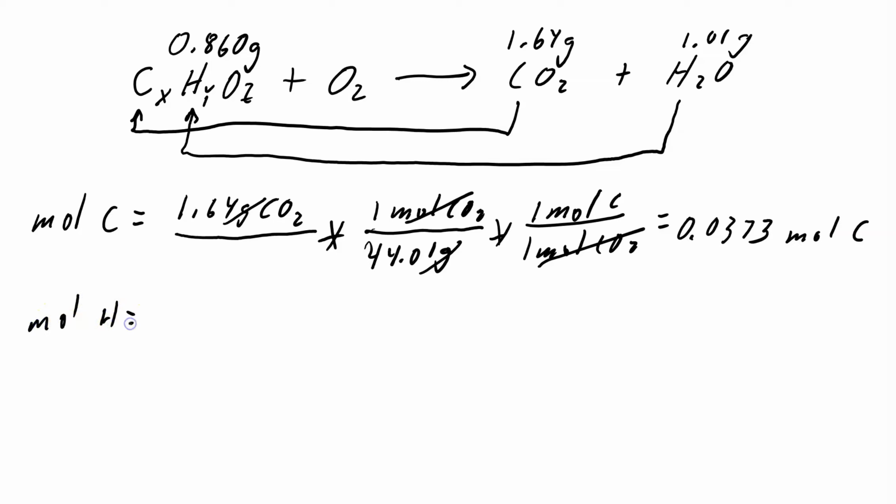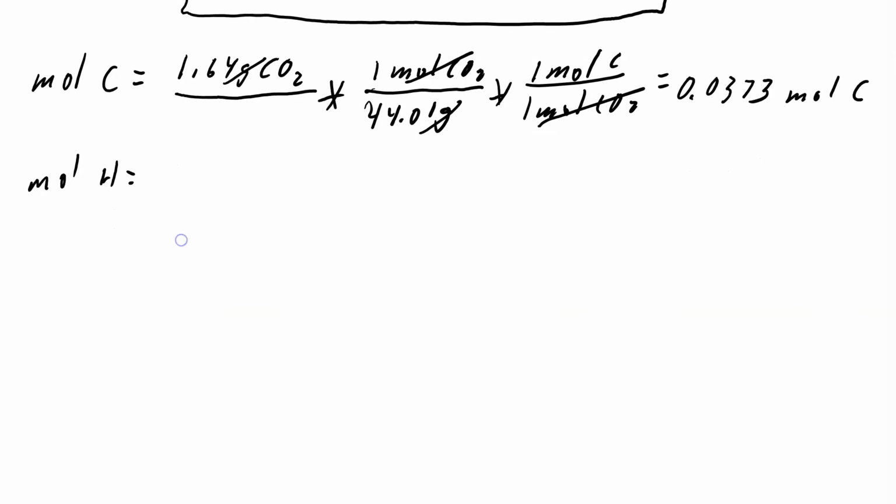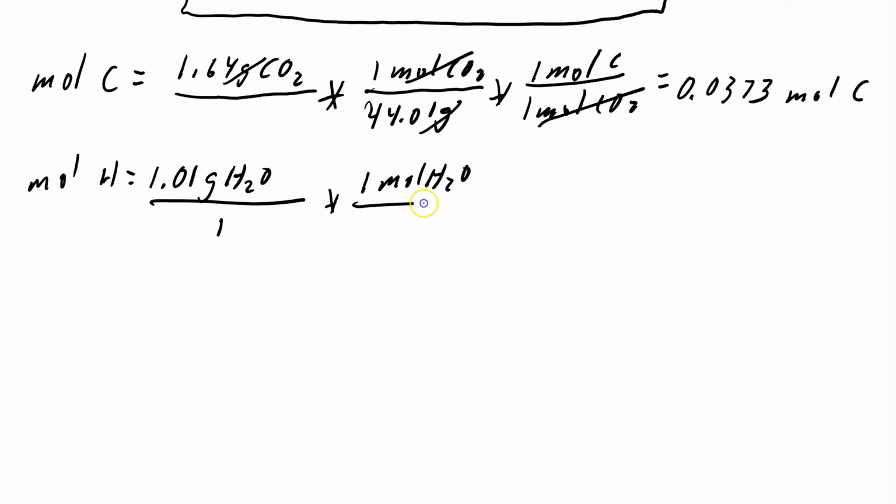Moles of hydrogen. Our starting point is going to be the mass of water, since that's where hydrogen is located, and we have 1.01 grams of that. Grams of H2O. Again, this is over 1. Molar mass of water is 18.02 grams, so 1 mole of H2O contains 18.02 grams. You want to convert grams of H2O to moles of H2O, but I want moles of hydrogen.